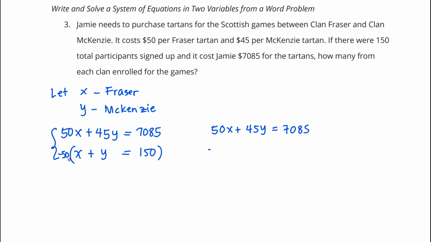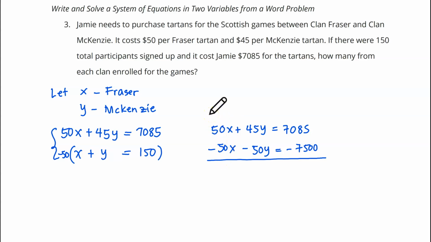And then the second equation, if you multiply it by negative 50, you have negative 50x minus 50y equals negative 7,500. Then add the two equations. So adding the two equations will cancel out x, or eliminate x.